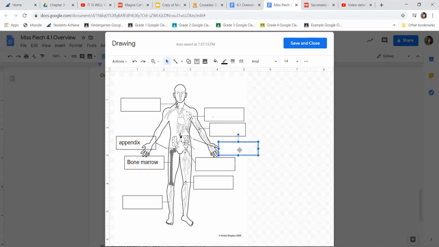Then we're going to move on to our spleen. The spleen acts like a filter, basically. It weeds out the old and damaged cells, and it helps control the amount of blood and blood cells that circulate in the body. It also helps get rid of germs.